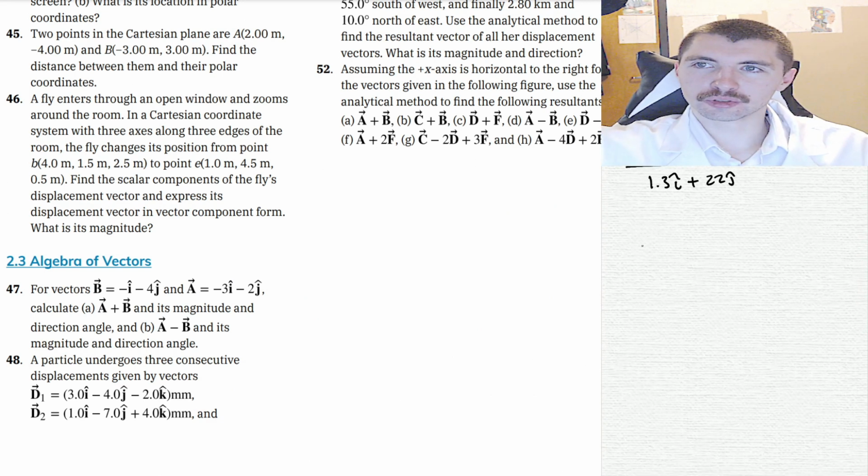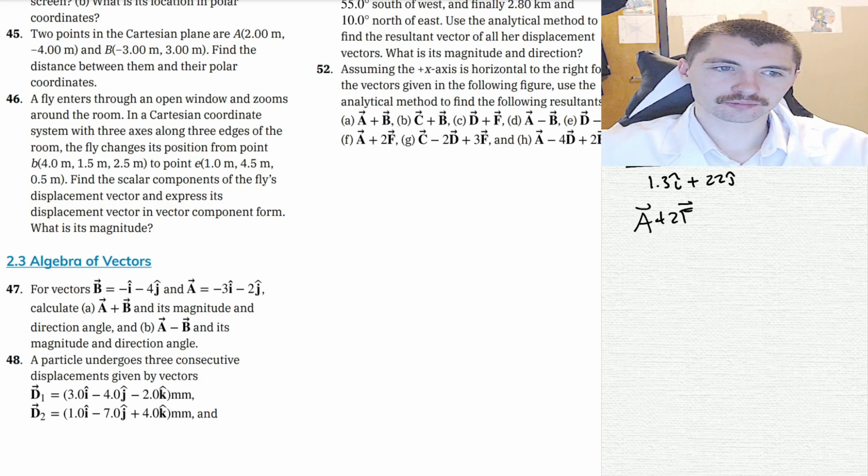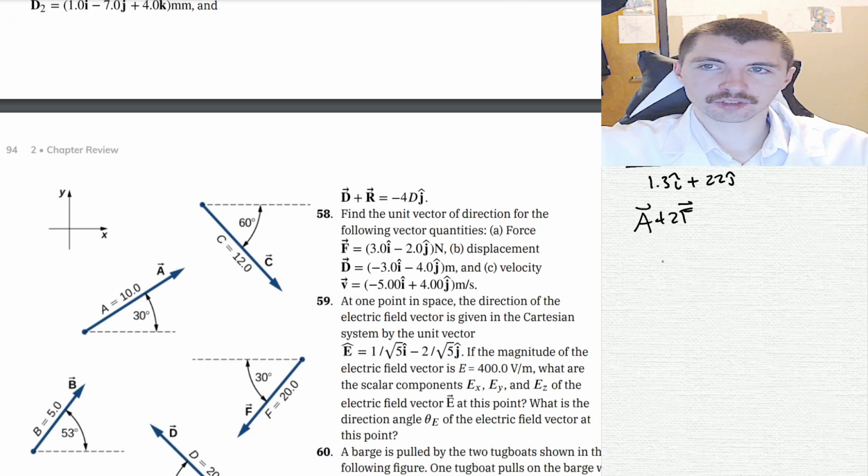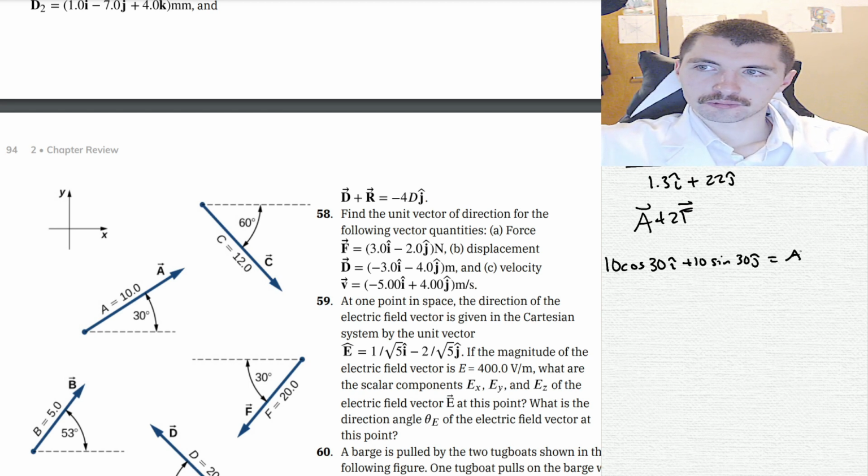Now we will do A plus 2F. So we have our A expressed in component form. So we will add 2 times 20 cosine, that is 180.